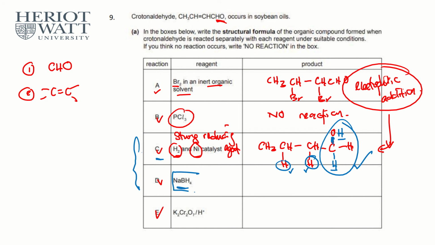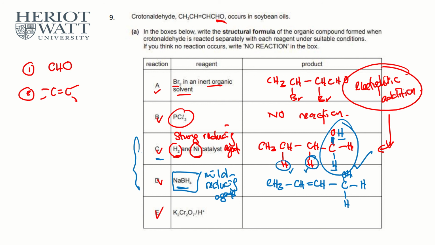But for NaBH4, the commonly used reducing agent, this is much weaker. It's a mild reducing agent. So what happens with a mild reducing agent? The only difference is that you will change the aldehyde again into the alcohol.